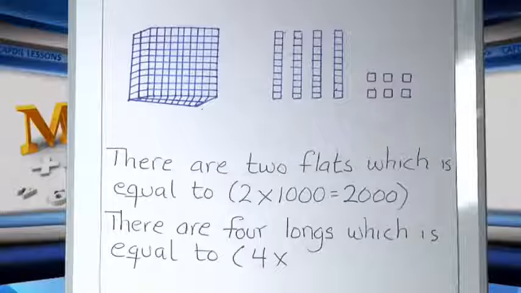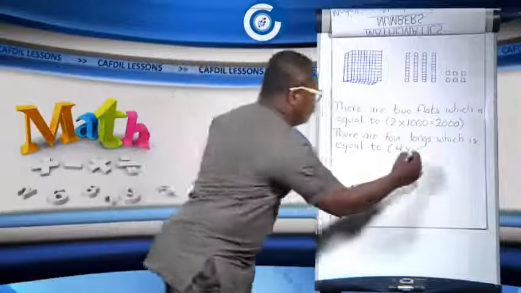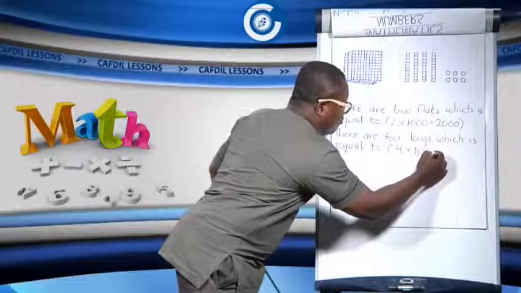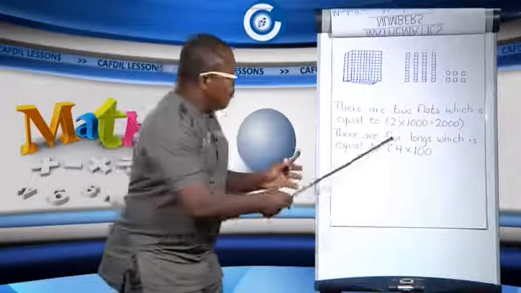And learners, remember we said 1 long represents what? 100. So I have to multiply 4 by 100.